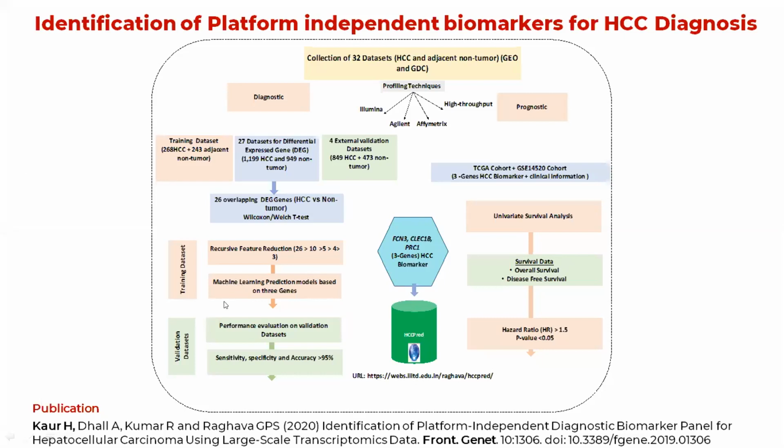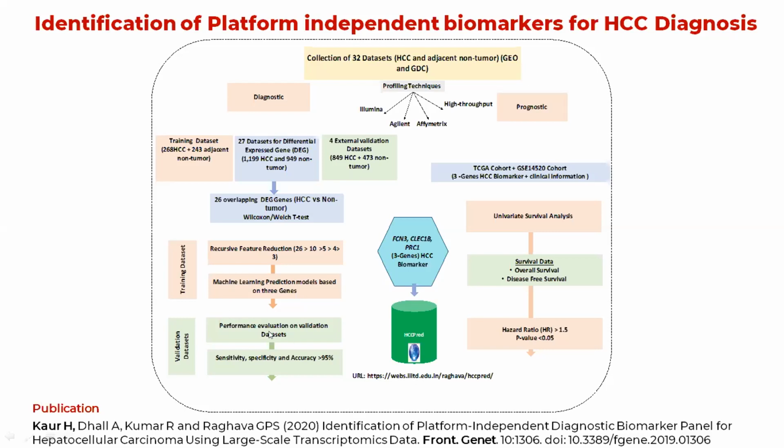on the training dataset. Then the most important step: you must be able to validate your prediction model. You must be able to evaluate the performance of your biomarkers on external validation cohorts. For this, we have 4 external validation cohorts where we have nearly 850 HCC samples and nearly 500 normal samples.